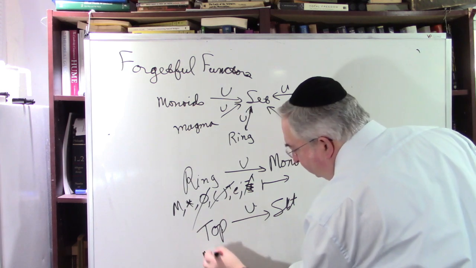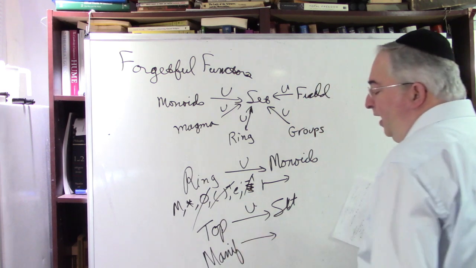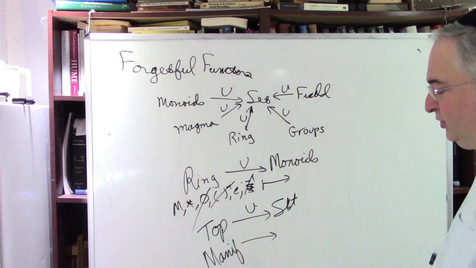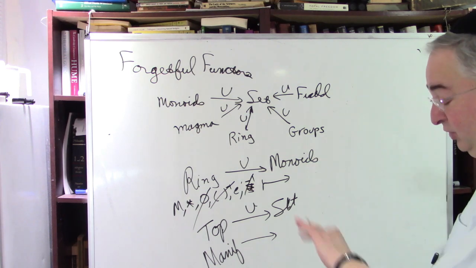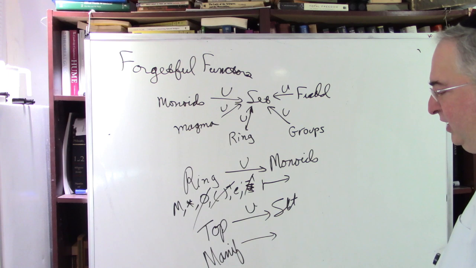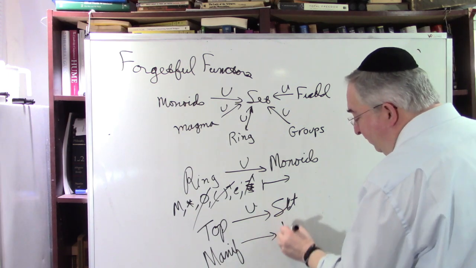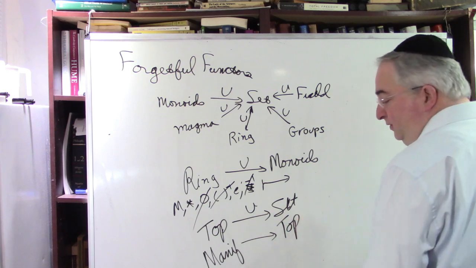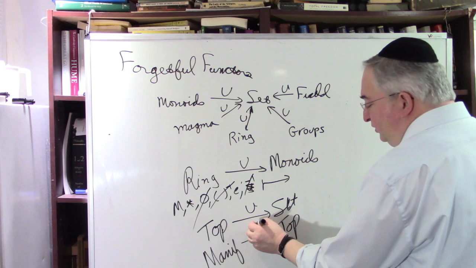What's a manifold? A manifold is a topological space where around every point it looks like powers of the real numbers. Well, in particular, it is a topological space. So you can forget the other structure. You're not interested in the other structure, and so you get that.